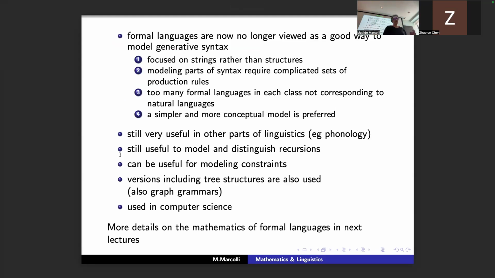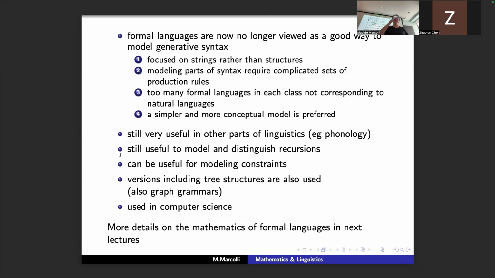So for several of these reasons, the theory of formal languages was at some point no longer viewed as the best possible way to approach giving a generative model for syntax in human languages. The main reasons were, first of all, that it is completely focused on strings of words rather than on structures or syntax.